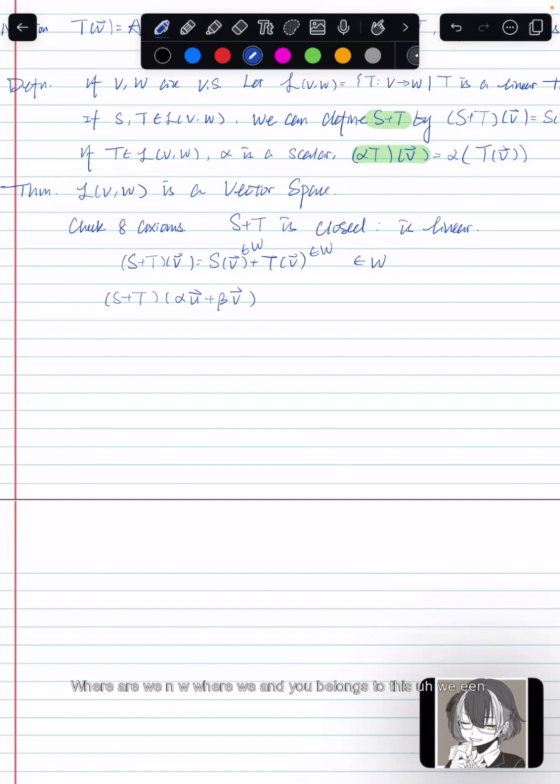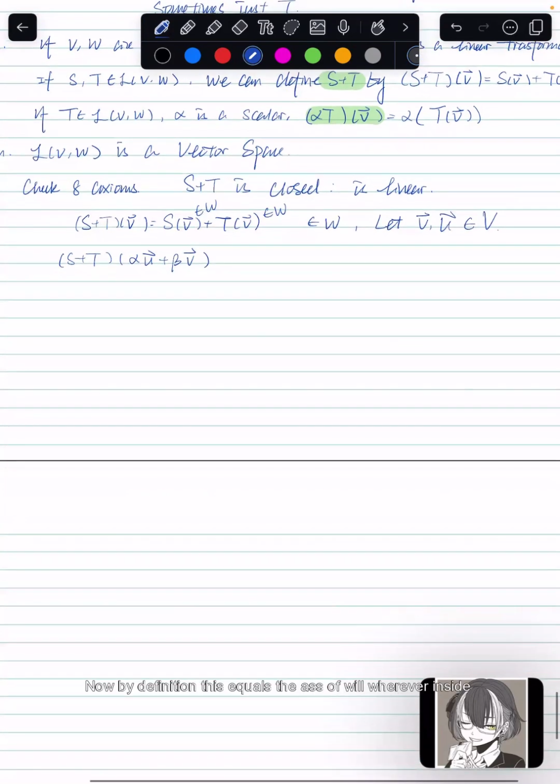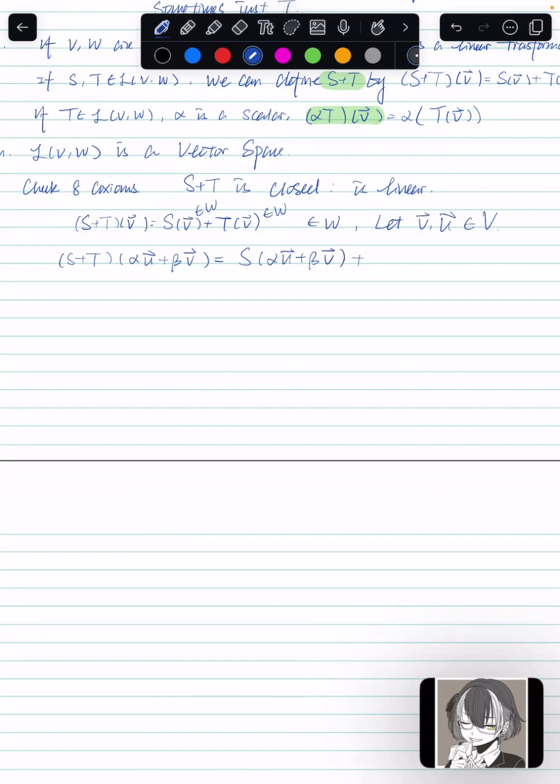Where V and W, where V and U belong to this V. Right. Now, by definition, this equals the S of whatever inside plus the T of whatever inside.